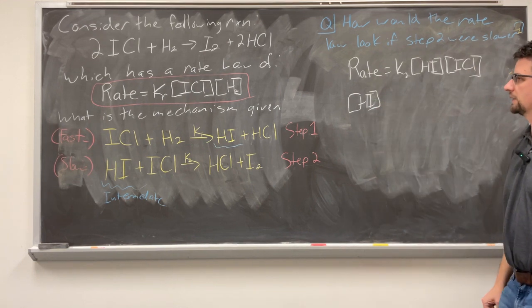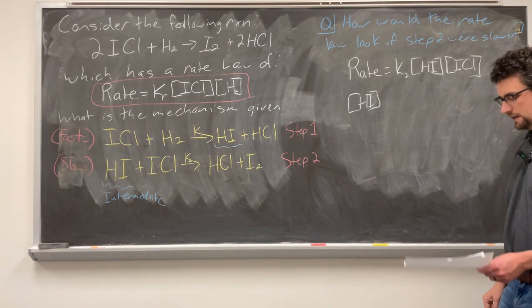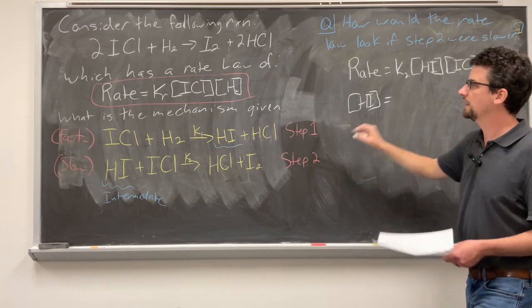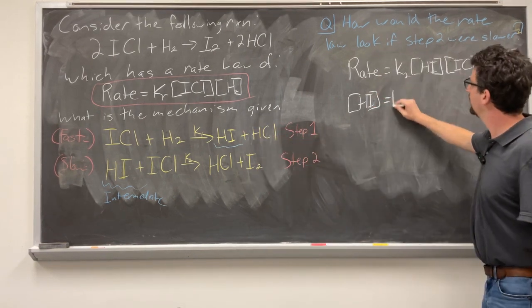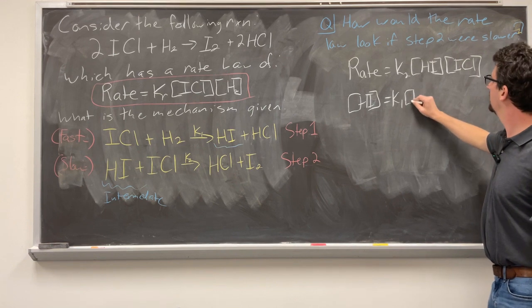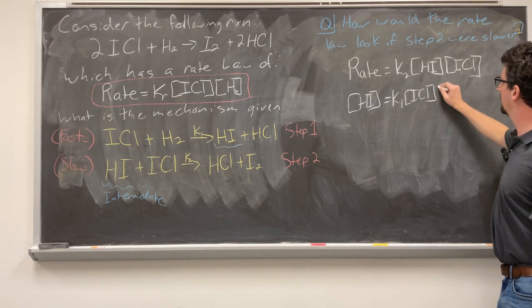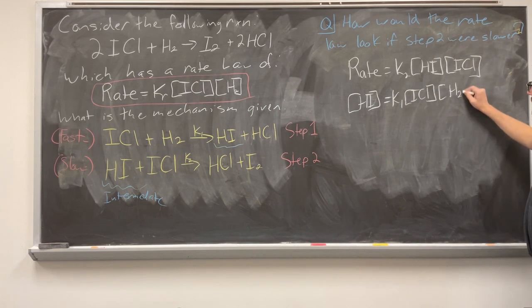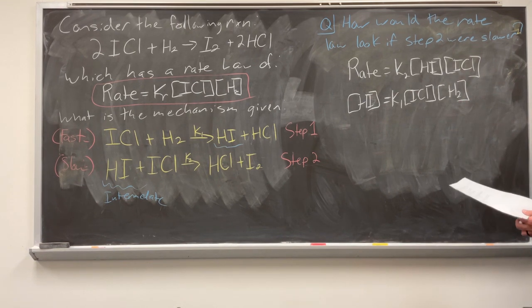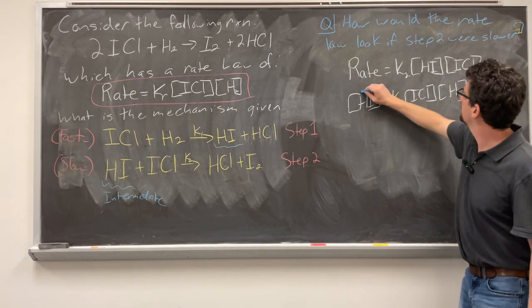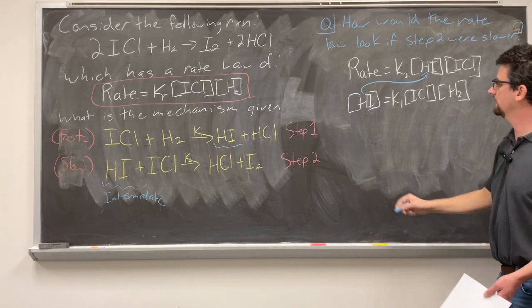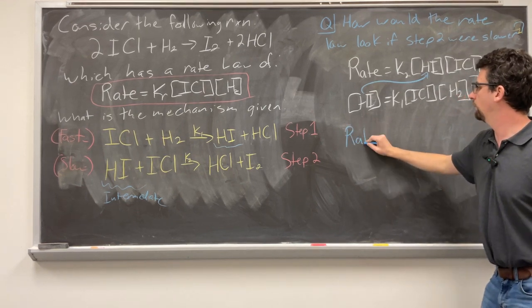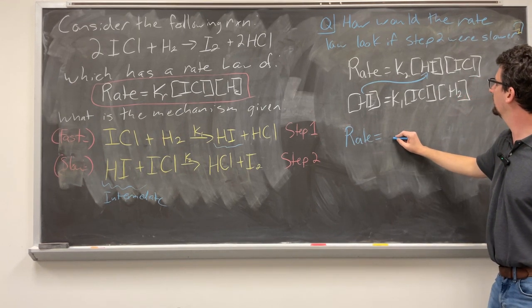Well, if we consider the concentration of HI, that is completely dependent on this first step. We'd have K1, ICl coming together with the H2. So what we would do next is we would take that and plug it in here, and what we would end up with is an overall rate law.